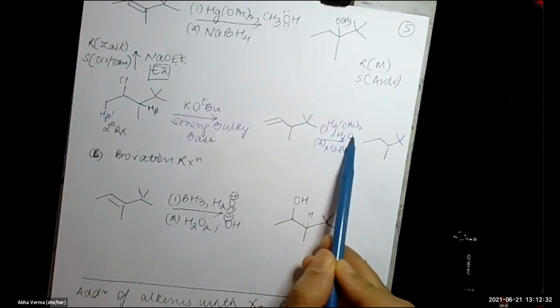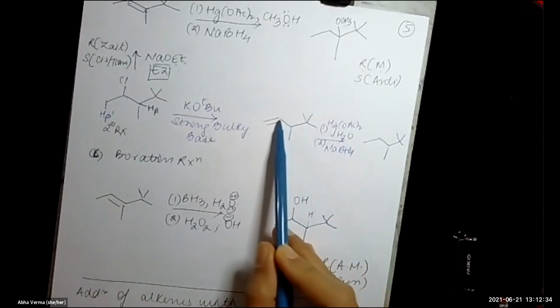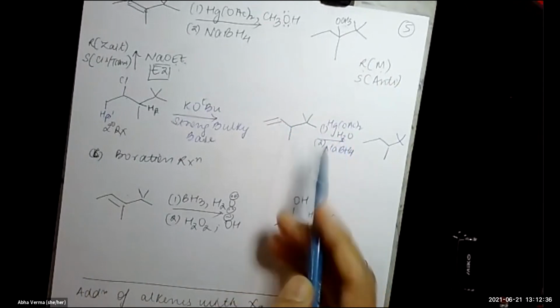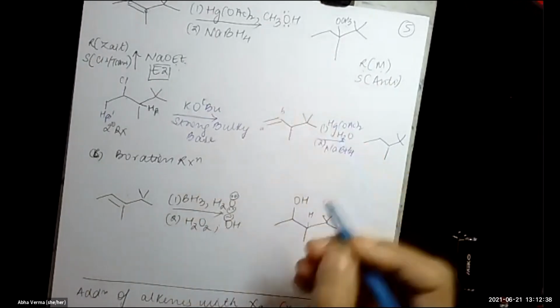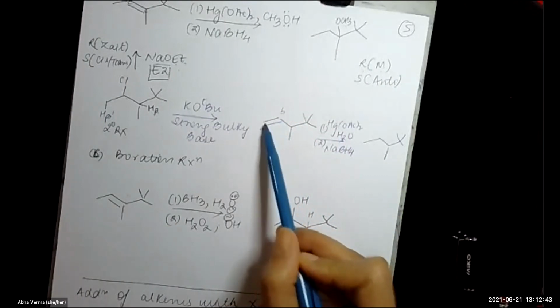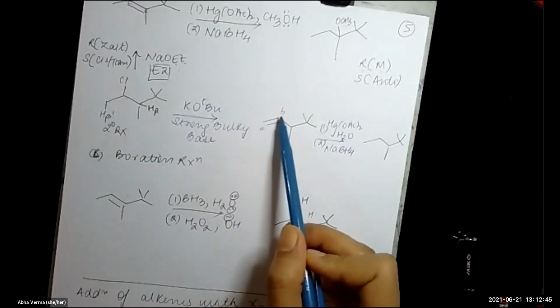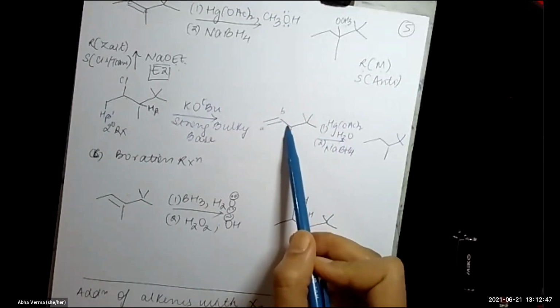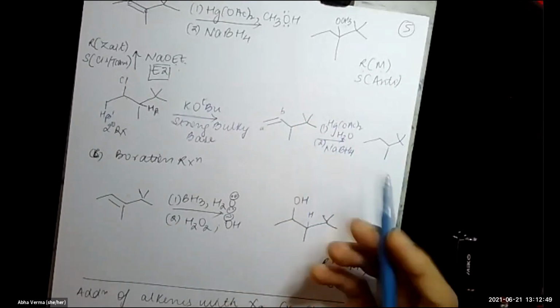I have to get my incoming nucleophile at the more substituted carbon. So between these two carbons, A and B also, this carbon is not substituted at all, whereas this carbon has at least one substitution.